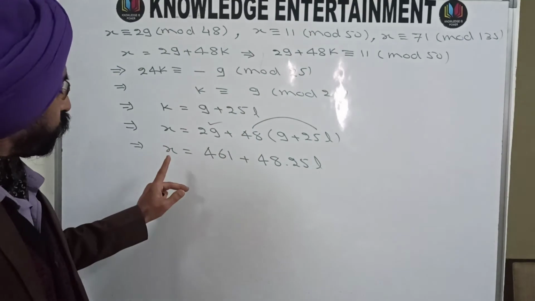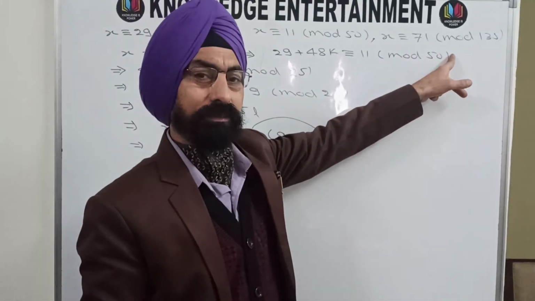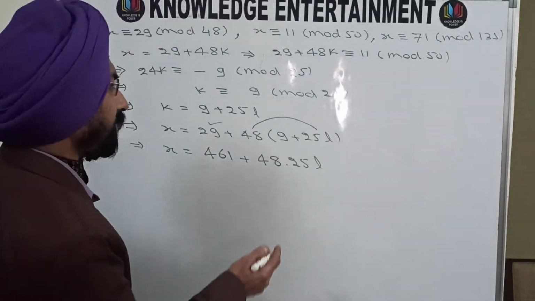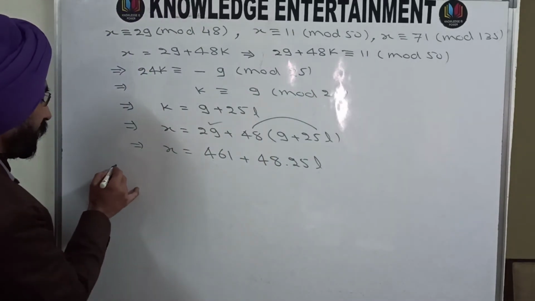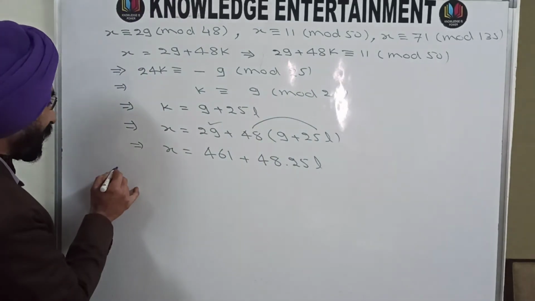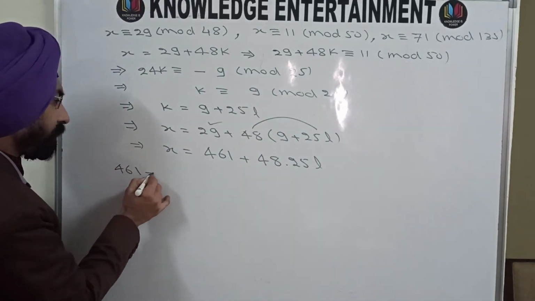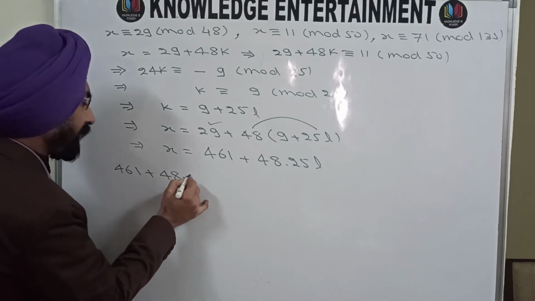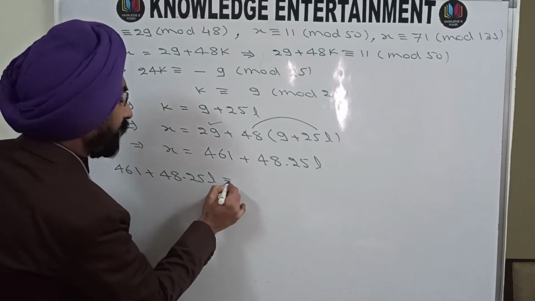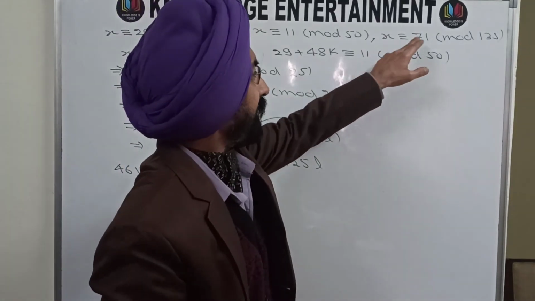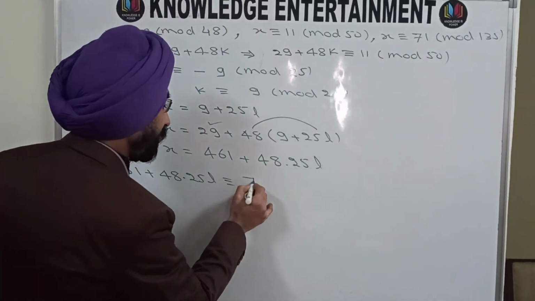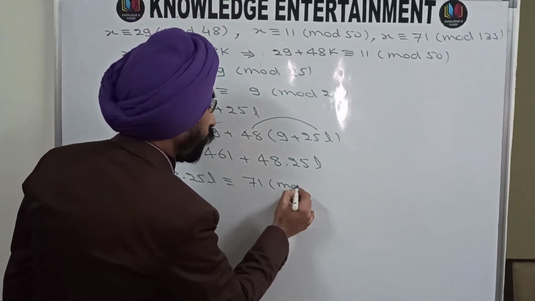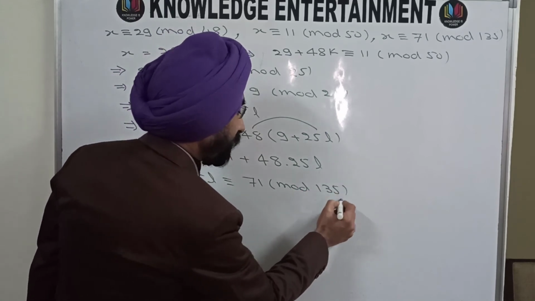So this is the value of x now, which is obtained from the first two. And now put this value of x in the third one. So from the third one, this x, that means 461 plus 48 into 25L, is congruent to 71 modulo 135.